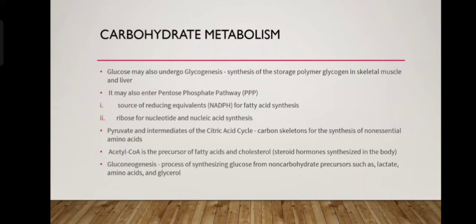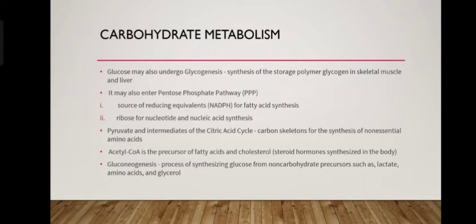More about that, glucose may also undergo synthesis of the storage polymer glycogen in the skeletal muscle and the liver. It may also enter the pentose phosphate pathway, which is the source of reducing equivalents for fatty acid synthesis, and of ribose for nucleotide and nucleic acid synthesis. Pyruvate and the intermediates of the citric acid cycle are the carbon skeletons for the synthesis of non-essential amino acids.